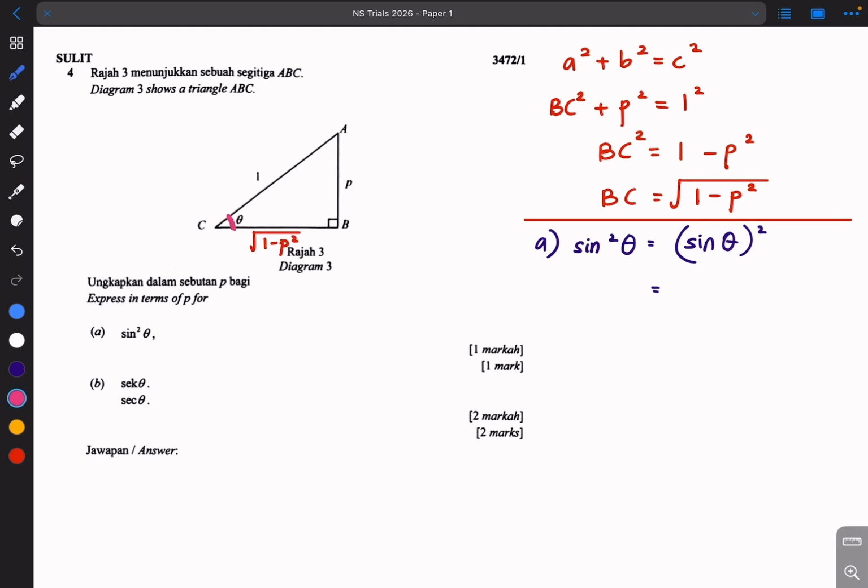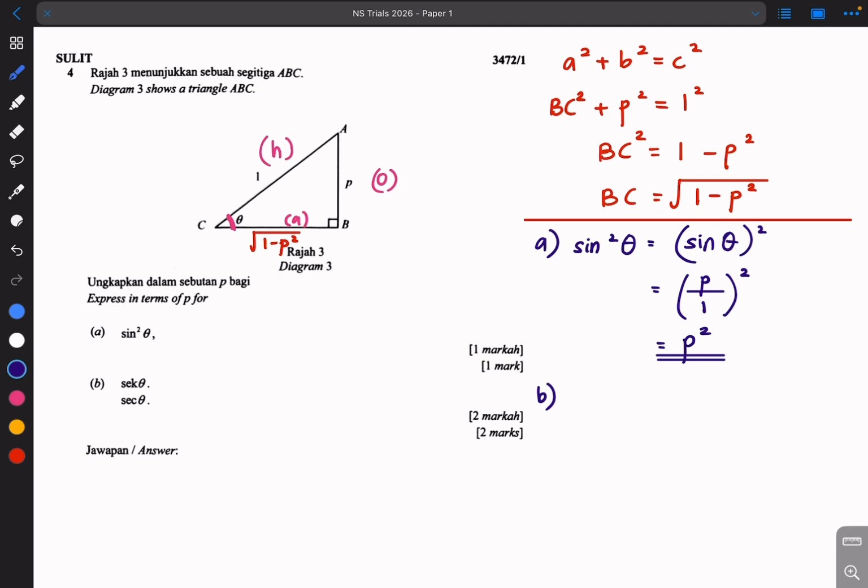If this is our angle, this is our opposite, hypotenuse, adjacent. So our opposite is p, hypotenuse is 1, and we square. p over 1 is just p, so we get p squared. Done.